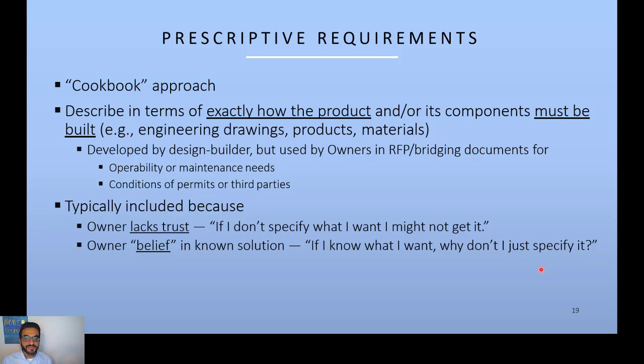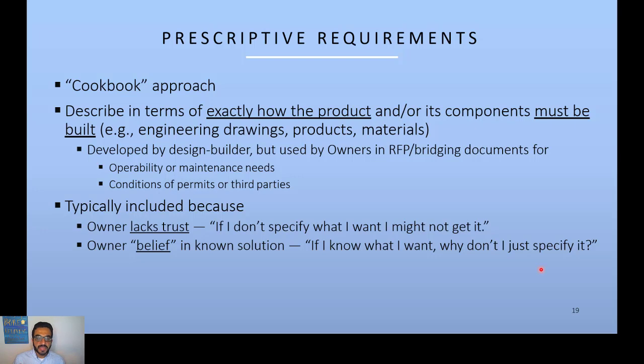It will describe exactly how the product must be built and what the different components are that you put together. So the drawings will show you a middle stud at this spacing. When you put it in, you nail it at this spacing, or you fix it with this nailing or screws, very descriptive in this case.